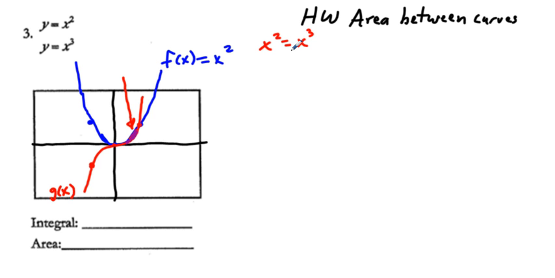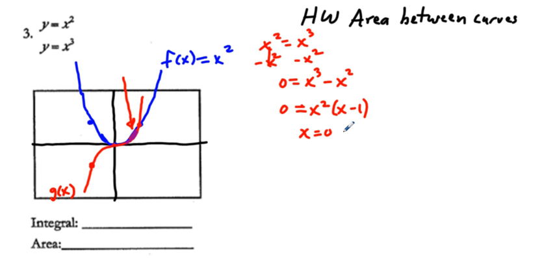And if we subtract x squared from both sides of this equation, we get 0 equals x cubed minus x squared. And then if we factor out x squared from both terms, we get x squared times quantity x minus 1. So we have intersection points at x equals 0 and at x equals 1. So those are our intersection points.